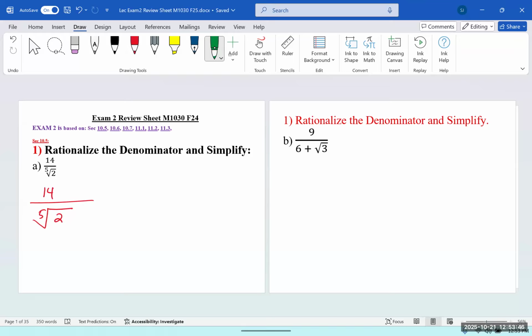We use conjugate for two terms, like the right page. But for the left page, what do you need to multiply by? Who remembers? Good job. 2 to the power 4. Why 2 to the power 4?